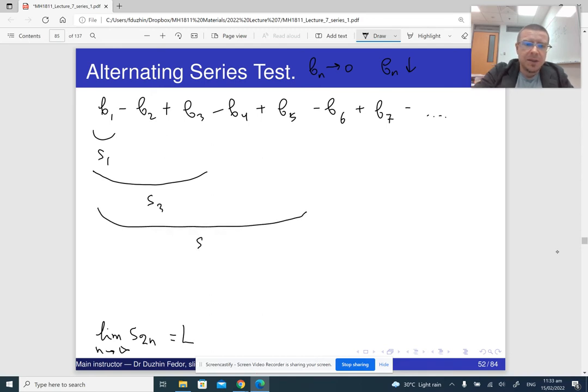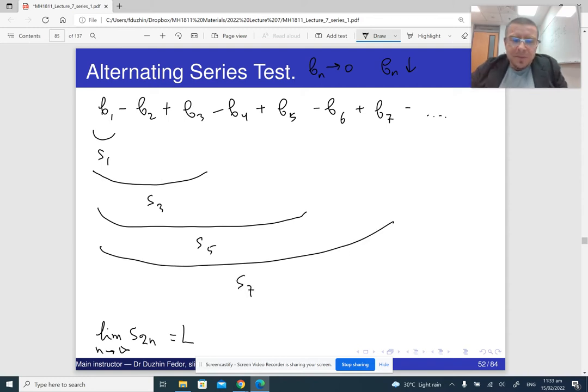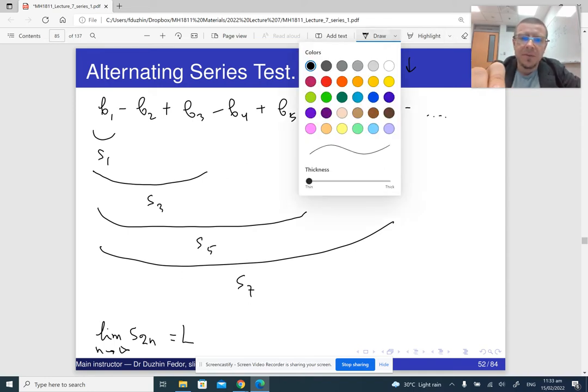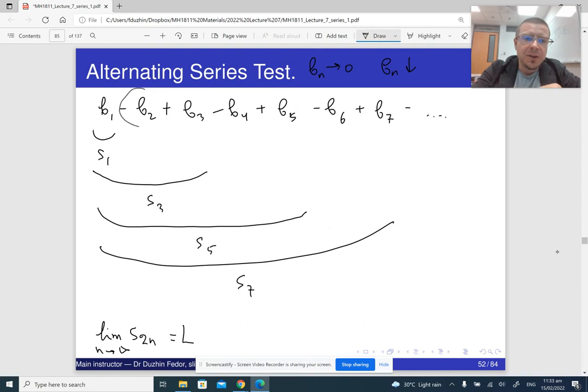This is S5. Well, this is S7. Now, in order to obtain S3 from S1, we subtract B2 and add B3, right? So we include this term, but this term we have just seen is really non-positive.